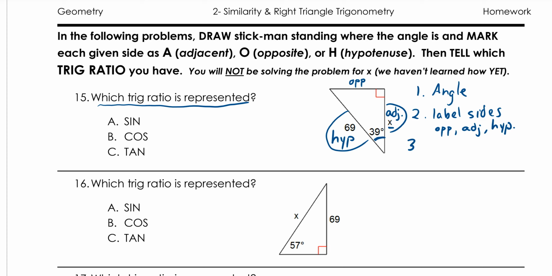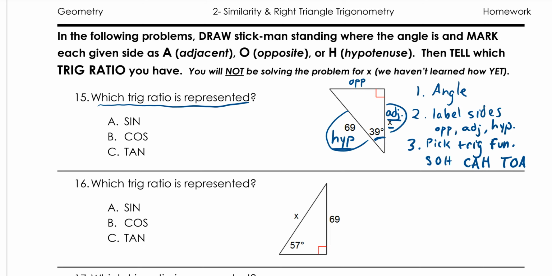So step 3 is, once we've labeled our sides, we have to pick the trig function. That means, are we doing sine, cosine, or tangent? SOH CAH TOA: sine is SOH, cosine is CAH, and tangent is TOA. What we look for is we have the adjacent and the hypotenuse.